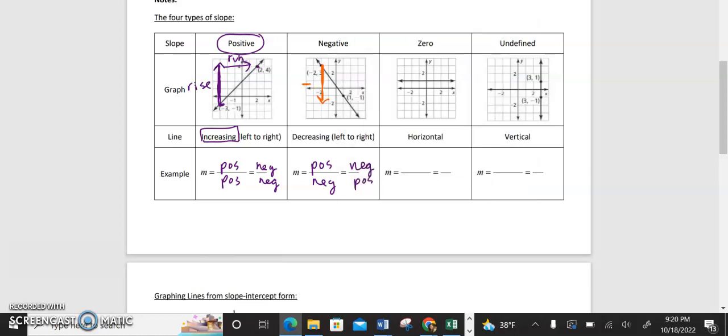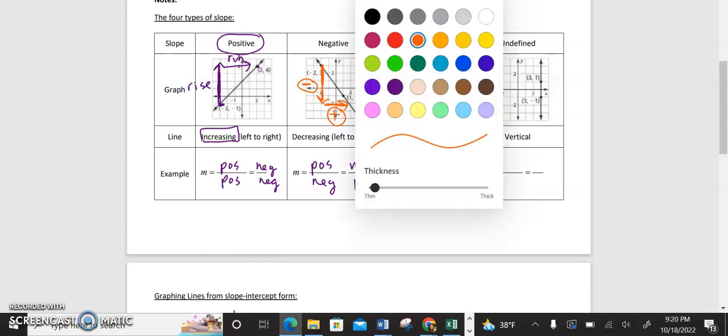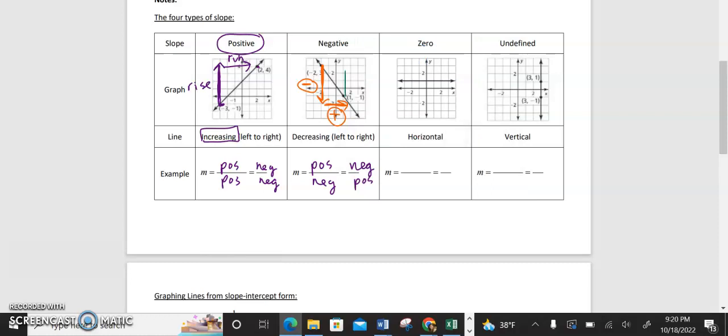So I'm decreasing on my rise, and I'm going to the right, so I'm increasing on my run. My rise is negative, but my run is positive. I always like to move to the right when I'm graphing points, but you could think of your rise as positive, moving up, and your run as negative, moving to the left. I personally find that a little more confusing, although the ratio is exactly the same, and you would connect the points in the same way.